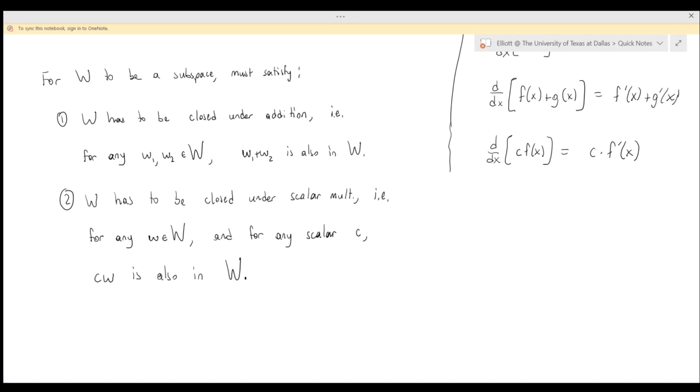So if you have a subset of a vector space which is closed under addition, as well as closed under scalar multiplication, then it will be a subspace. And if it's not closed under addition or scalar multiplication, then it would not be a subspace.